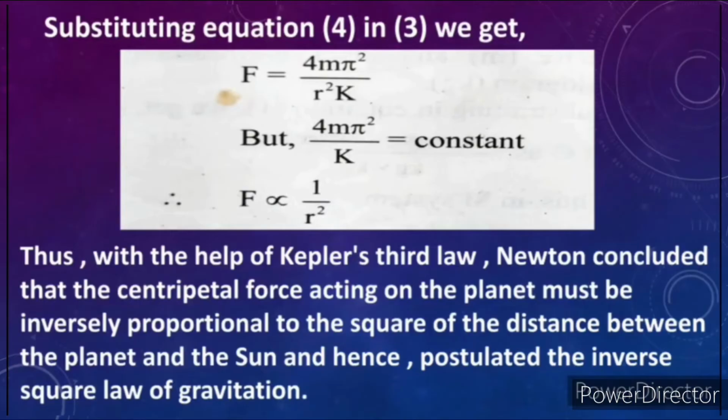Substituting equation 4 in 3, we get F = 4mπ²/(r²k), but 4mπ²/k is a constant, and therefore we get F is inversely proportional to r². Thus, with the help of Kepler's third law, Newton concluded that the centripetal force acting on the planet must be inversely proportional to the square of the distance between the planet and the sun, and hence postulated the inverse square law of gravitation.